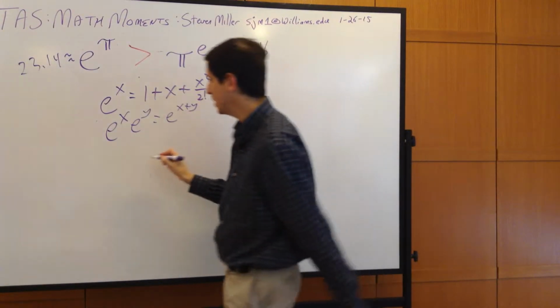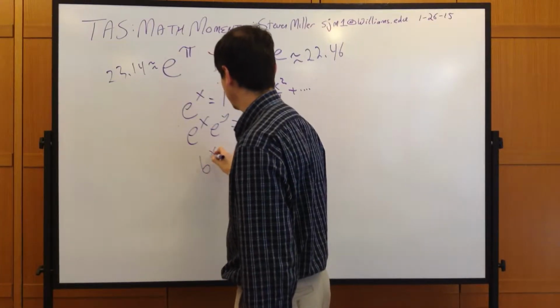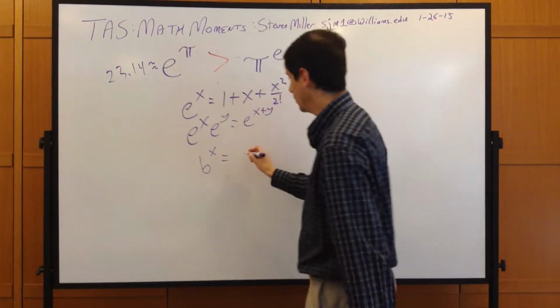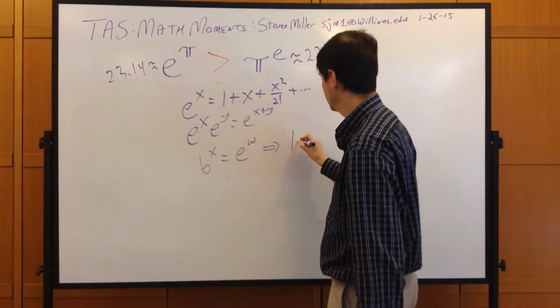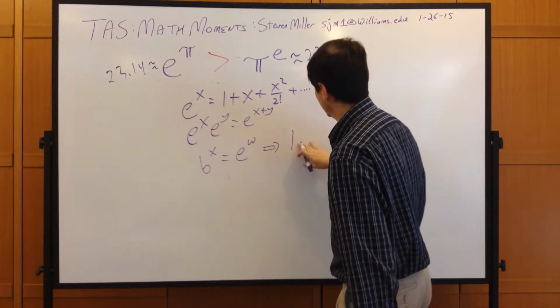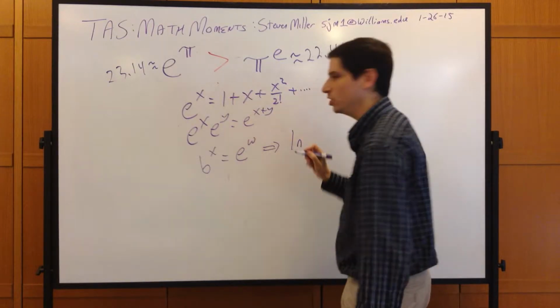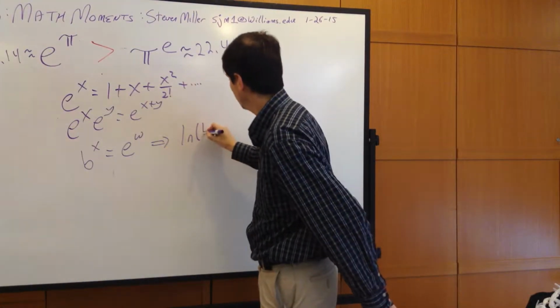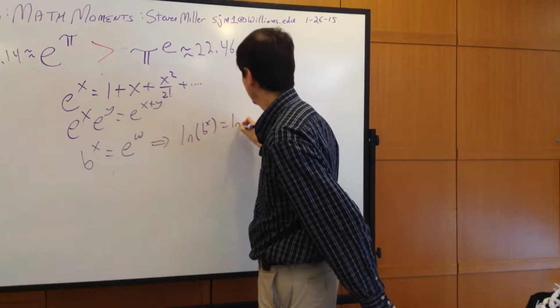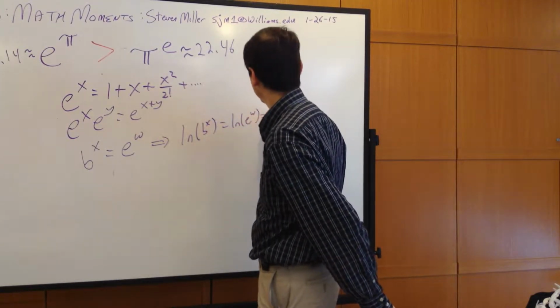And if I give you something else, if I give you b to the x, I want to write this as e to the w. Well, if I take the log of both sides, in college we always use log for log. I'll use ln for natural log. The natural log of b to the x is the natural log of e to the w, which is just w.